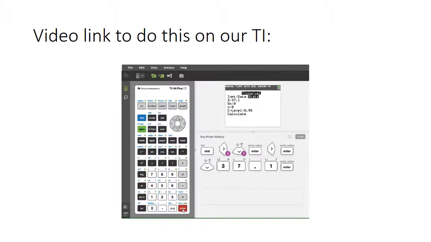Enter or arrow down to our sample standard deviation. Remember, we use the letter S for a sample standard deviation. For the population, it was that sigma, which looked like the little o with the toupee. We just use the letter S for a sample standard deviation of 12. And we go down to our sample size. We are told in the problem 150 subjects in the study.